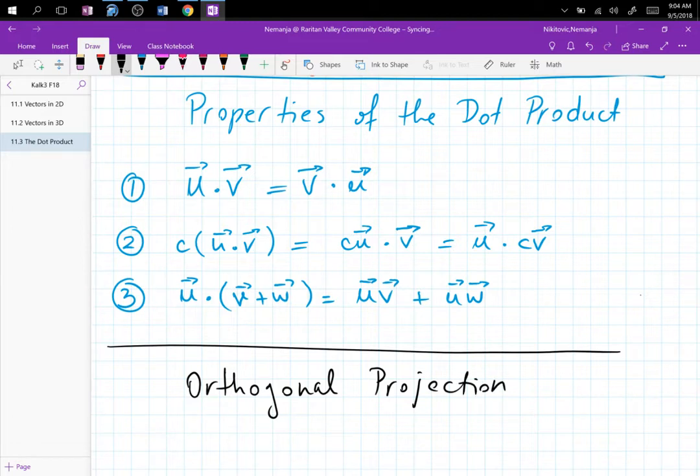If you want to prove any of these, you can just use maybe the 2D case or the 3D case. There are more general proofs, obviously. If you're a math major, you should be considering it.